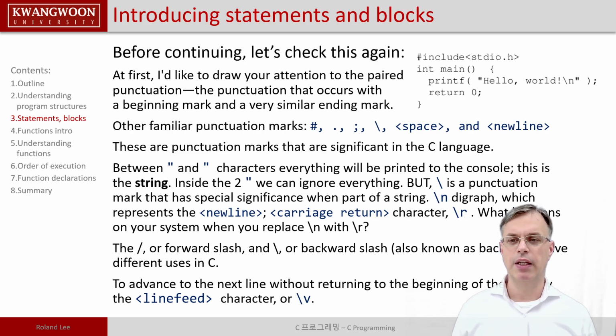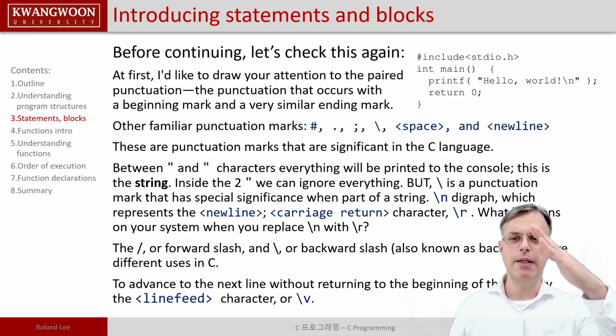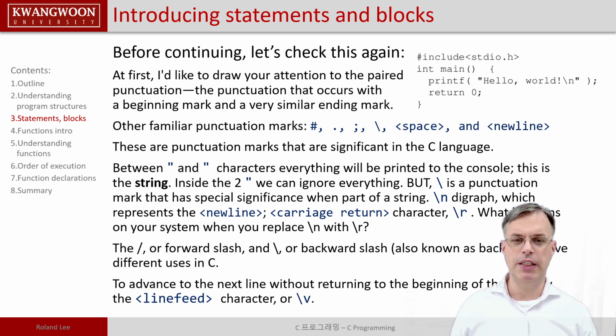Note on your keyboard the location of two different punctuation marks, forward slash and backward slash. As you read from left to right, the forward slash falls forward while the backward slash falls backward, hence their names as well.